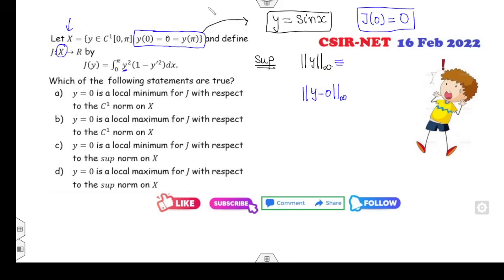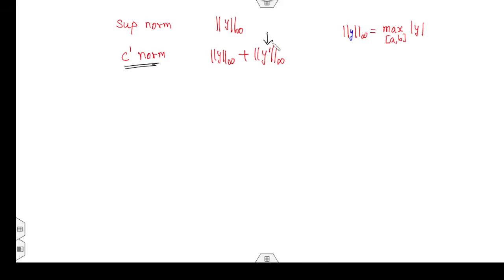फाइन. इसको मैं थोड़ा सा क्लियर कर दूं. So that number is less than epsilon. फाइन. इसका क्या मतलब हुआ? That means y will converge to the 0. बट अगर आप इस गिवन इक्वेशंस में देखो, that are dependent on the y dash as well, और इस सुप्रीमम में कहीं पे भी y dash का कोई नाम नहीं लिखा हुआ. फाइन. लेकिन अगर आप देखोगे C1 नॉर्म में it also involves the y dash, लेकिन supnorm is independent of the y dash.